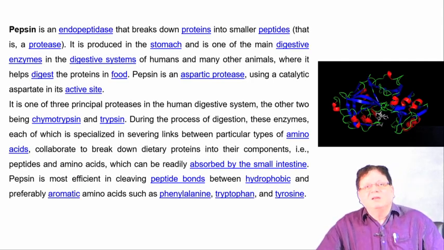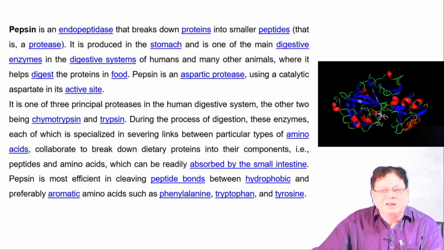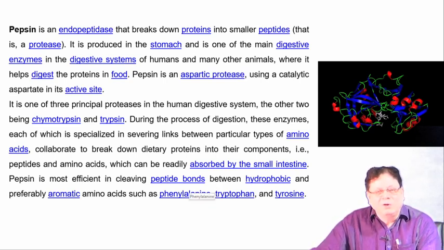So, pepsin's specificity is a little less, that is why people do not rely on pepsin so much.